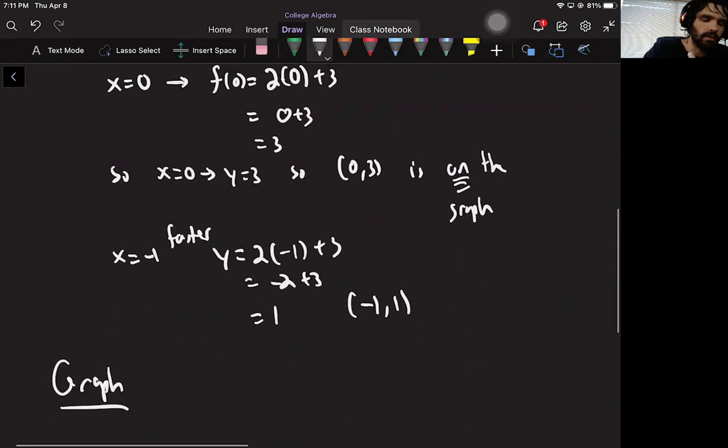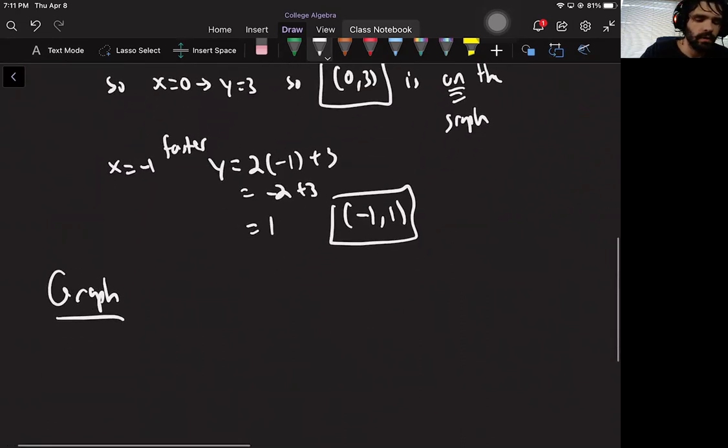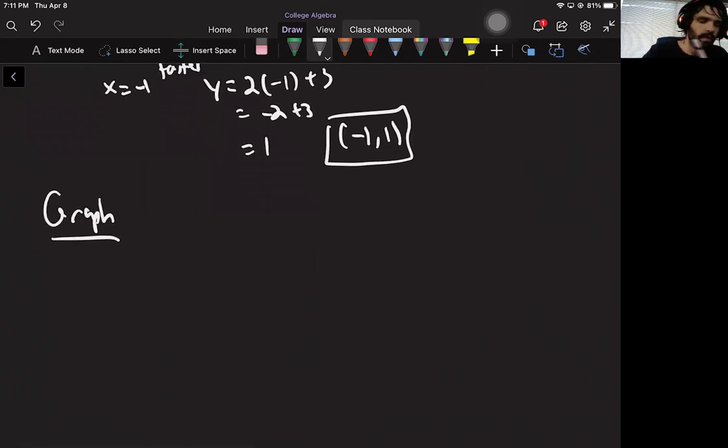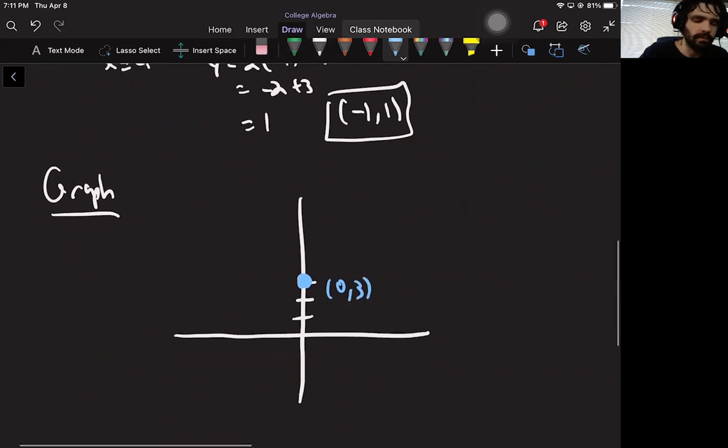So what we know is that the graph of this function has these 2 points. We don't know all the points, but we could keep getting more and more in the same way. But luckily, 2 turns out to be enough to draw all of them. That's the nice part about linear functions. So let me do it in blue here. So 0, 3 is this guy. So remember how I'm getting that.